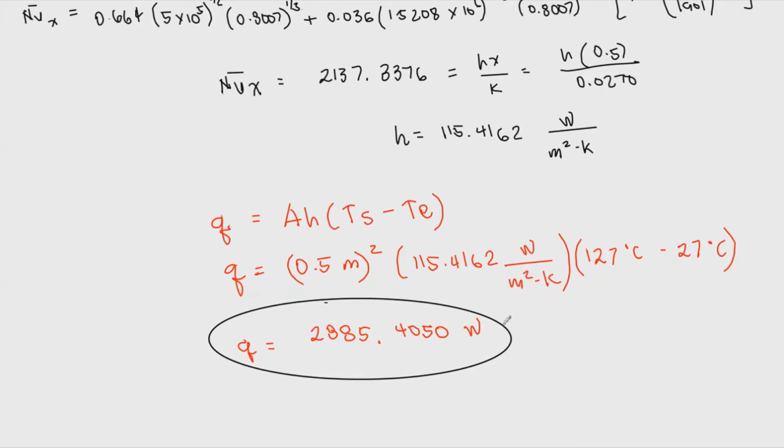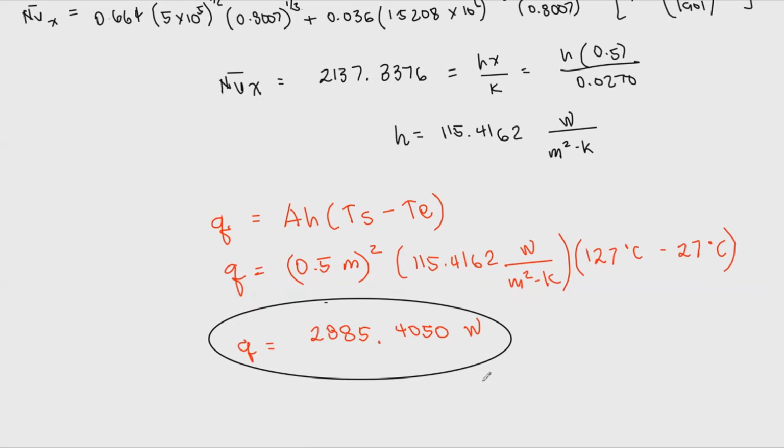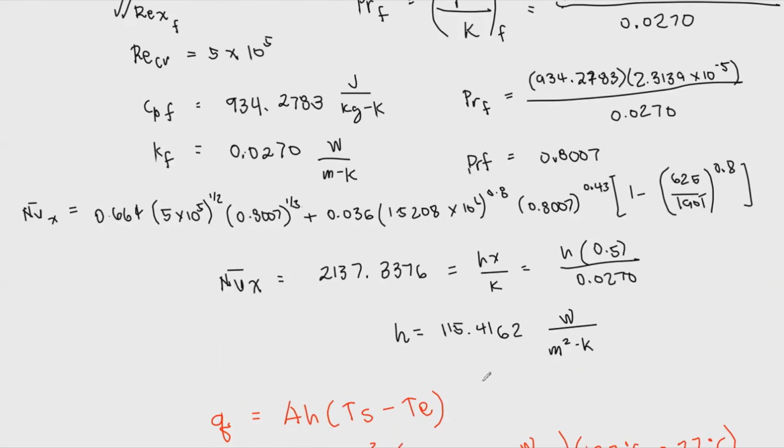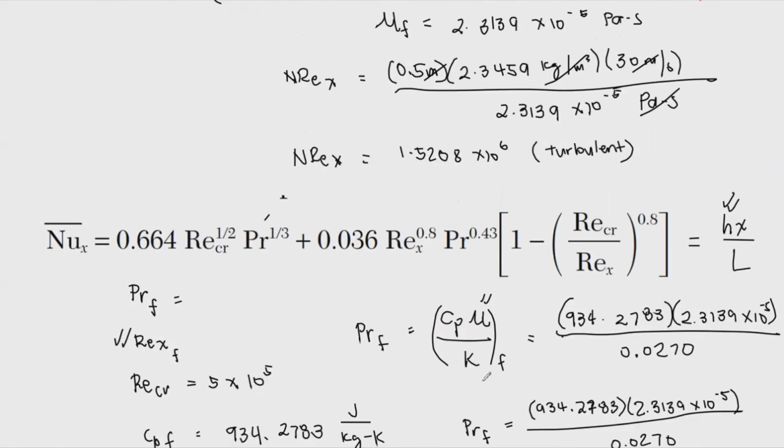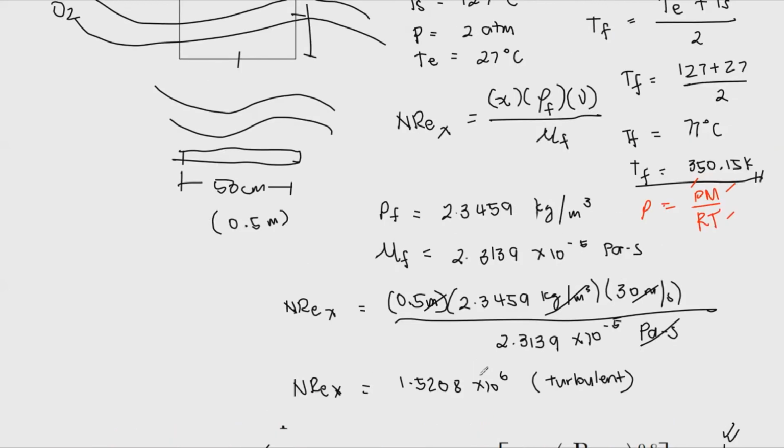I don't know whichever is applicable. If your answer is not exactly like this but it's close enough, then of course I'll be marking it correct. But if it's really deviated, like around 10%, that's not.